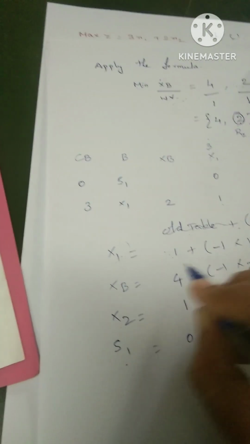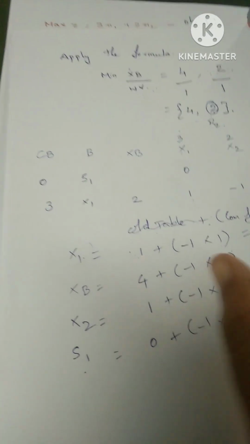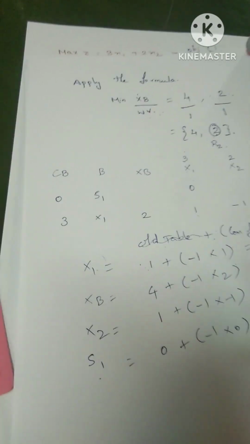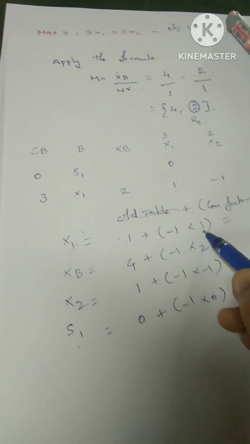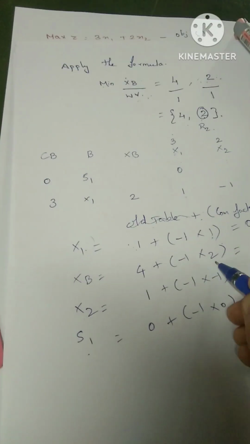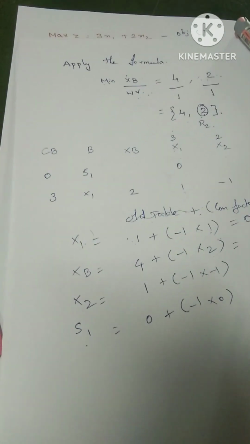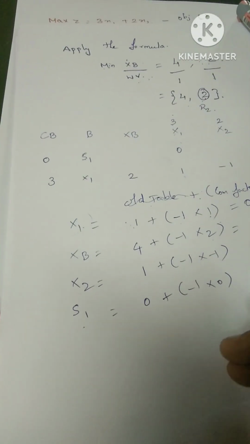So accordingly, if we multiply, that is -1 into 1 is -1. According to the BODMAS rule, we have to first simplify the bracket values. So -1 into 1 is -1 plus 1, we are receiving 0. Here it is -2 plus 4, we are receiving 2. Here it is minus 1 into minus 1 is plus 1.